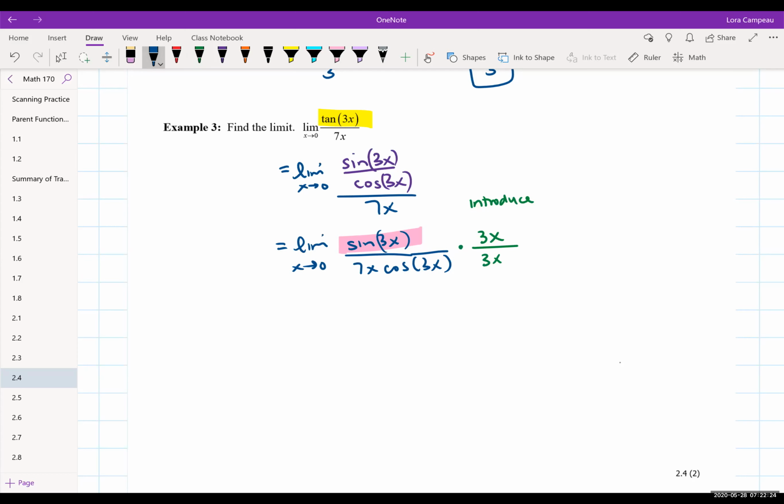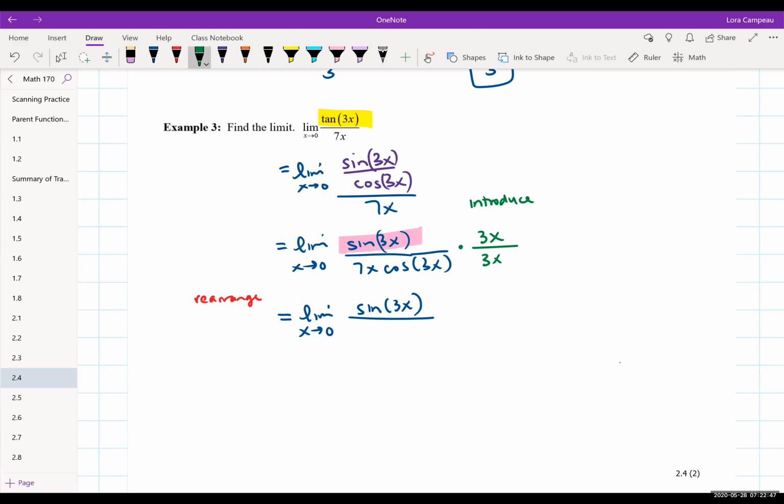So now what happens is I take a little time, even though a lot of things you can look at mentally. Sometimes if you go back to your notes later on, I'm going to play the game of rearranging things so that they are nicely put so that I can apply my properties. So I still have the sine of 3x in the numerator.